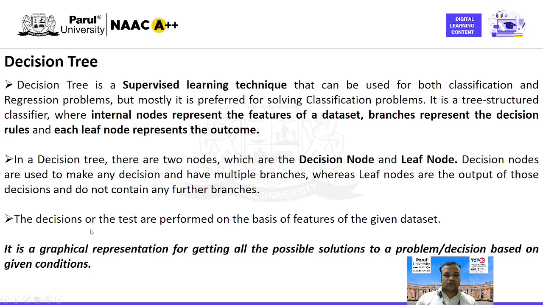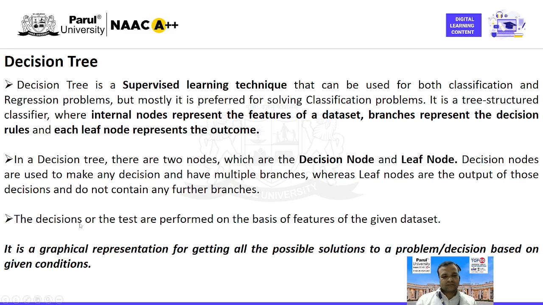Decision nodes are used to make any decision and have multiple branches, whereas leaf nodes are the output of those decisions and do not contain any further branches, because these are the last nodes, the child nodes.